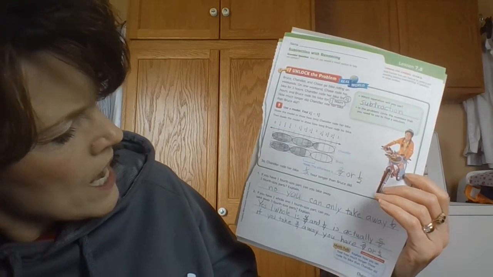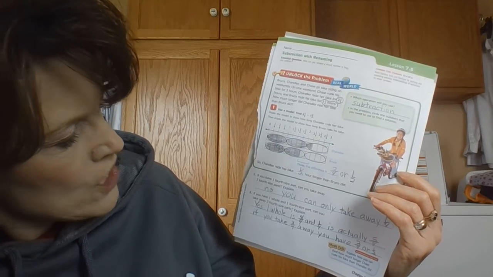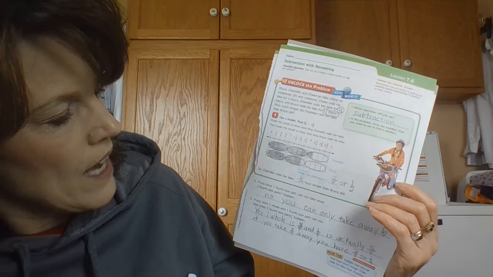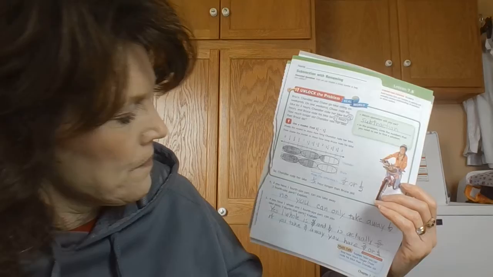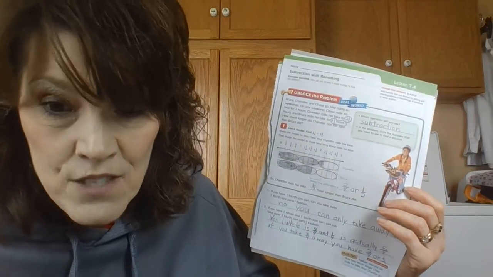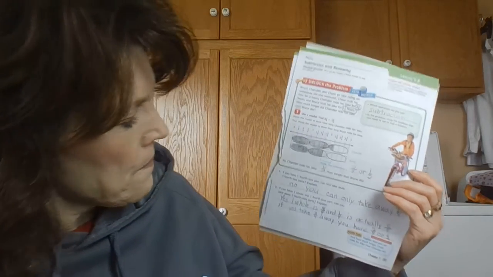Underneath it says, if you have 1/4 size part, can you take away 3/4 size parts? Well, that's the problem. If you only have 1/4 of a piece of pie, you can't eat 3/4 of a piece of pie. So in today's lesson, we're going to figure out how to take a mixed fraction so you can subtract it.